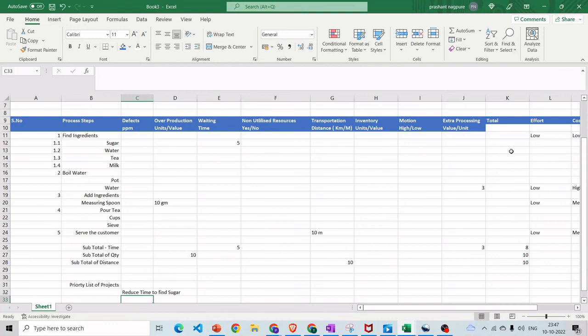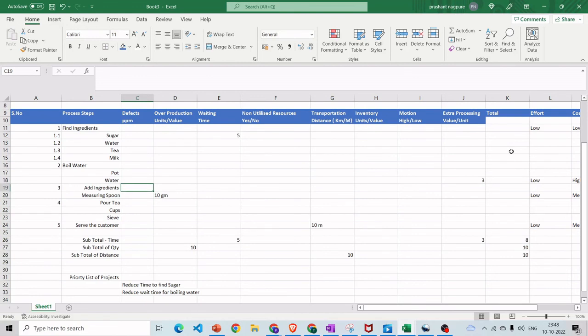The other thing we can do is reduce wait time for boiling water.